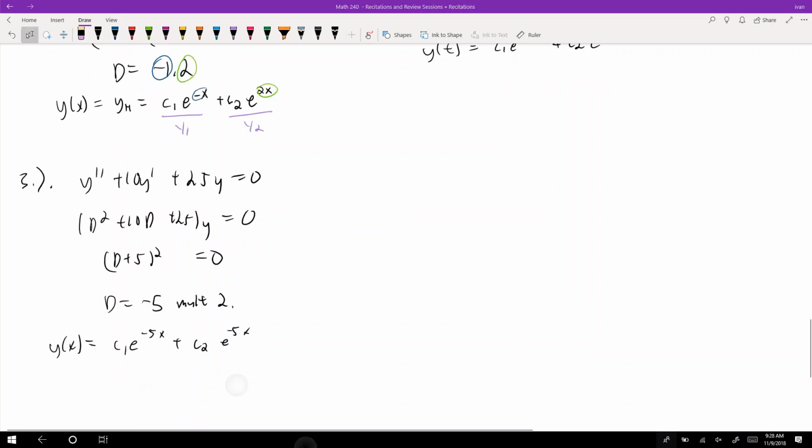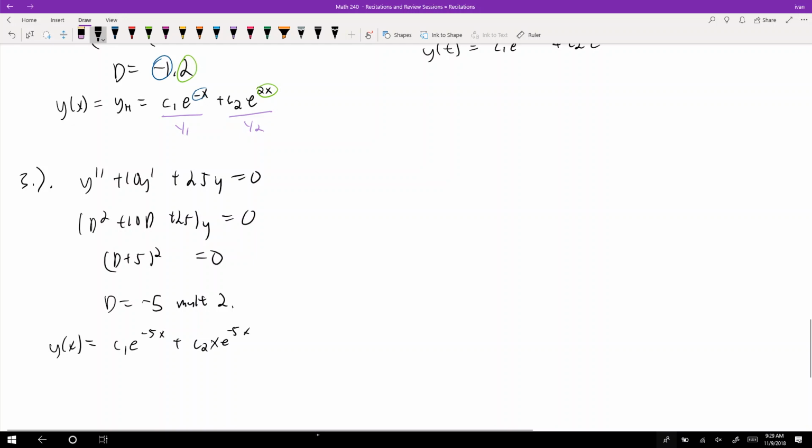I could write c1 plus c2 times e to the -5x, and then just rename this to c3 e to the -5x, and we're left with one solution for a second order diffy-q. And we can't do that. So to remedy this situation, we add in the x to make it linearly independent.